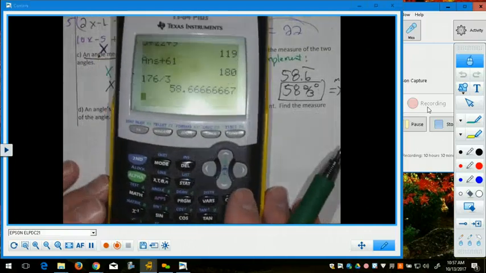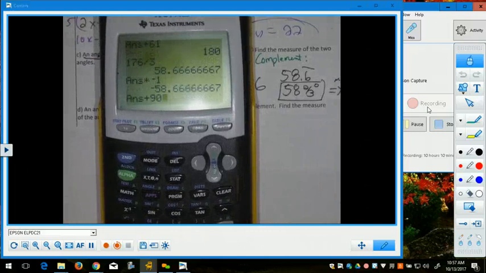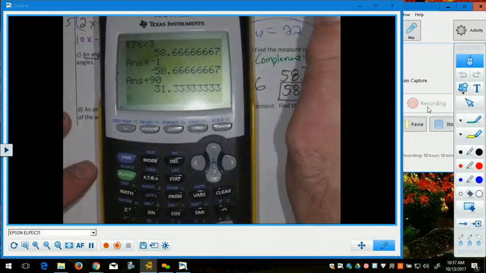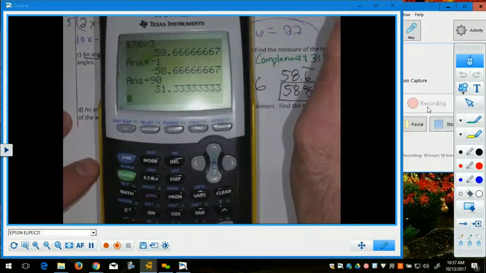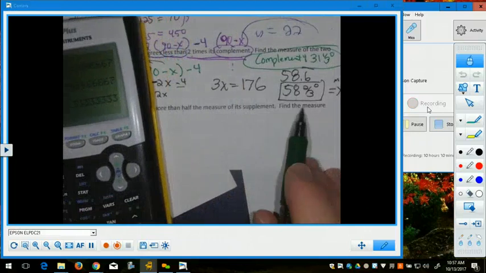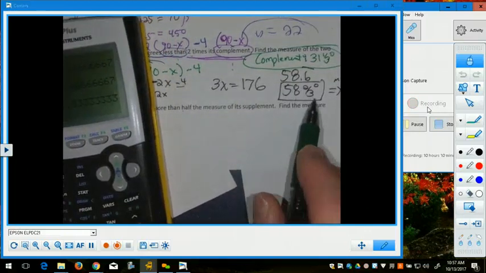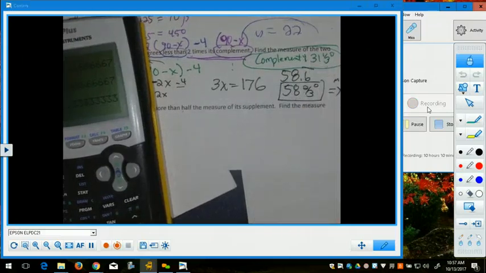I'm going to multiply my angle by -1 and add 90 to it. That's the same as 90 minus my angle. I get 31.3 repeated. What's 0.3 repeated? 1/3. 31 and 1/3 degree. So the angle itself is 58 and 2/3 degrees. The complement is 31 and 1/3 degree.